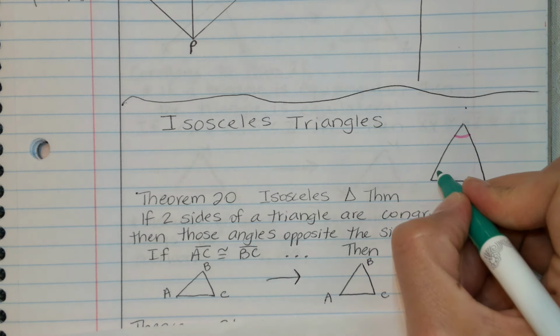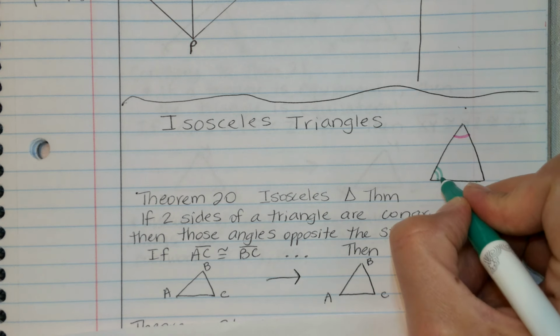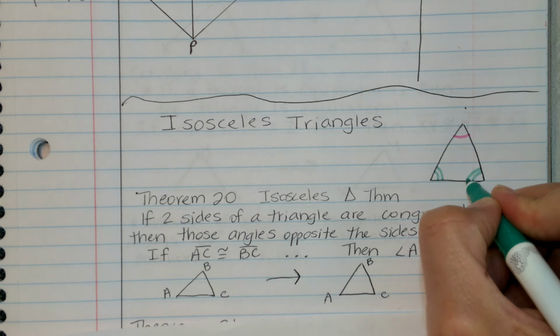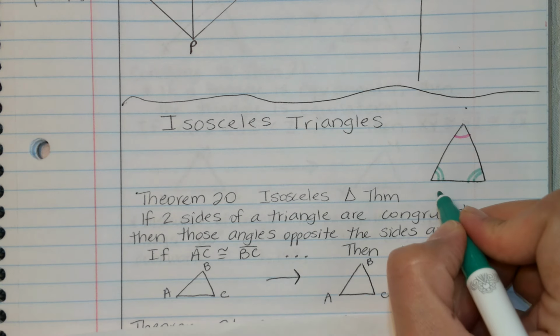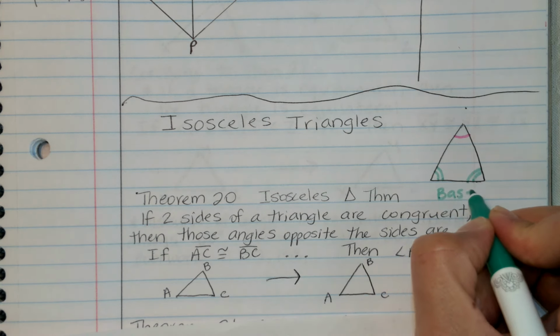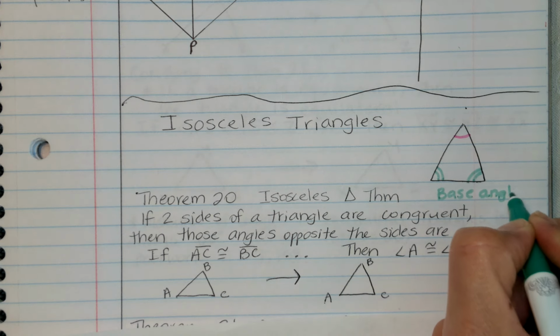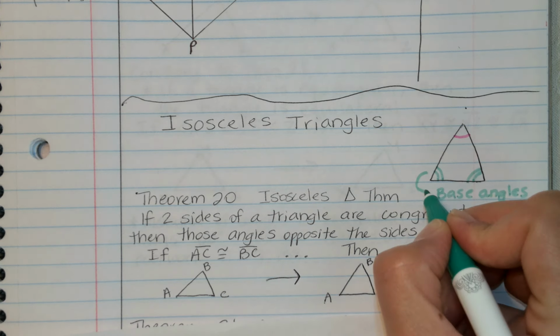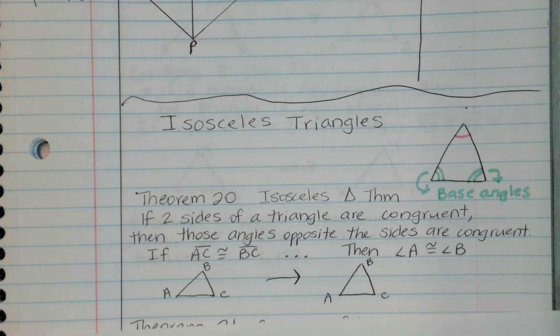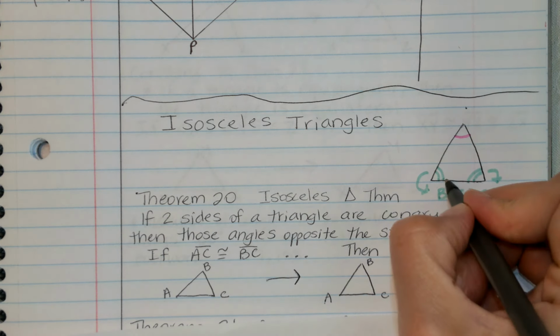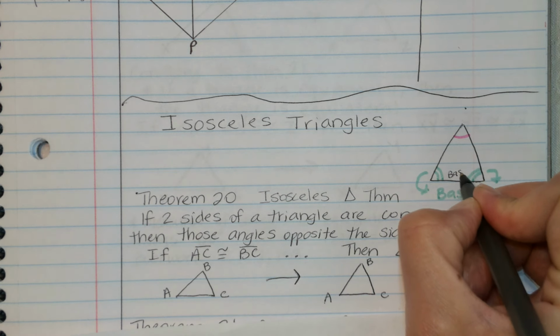So on an isosceles triangle, we always have these two angles congruent, and they're called base angles. Those ones are base angles. And then it's probably pretty clear, but this side down here is called the base.